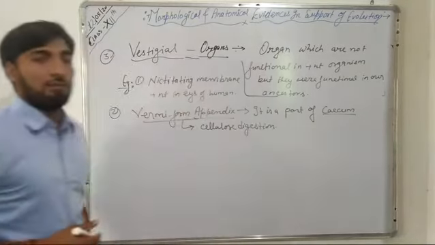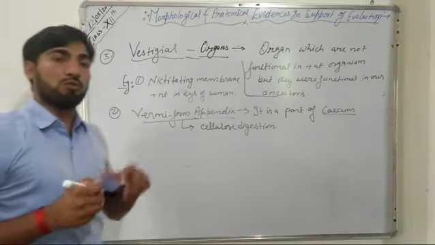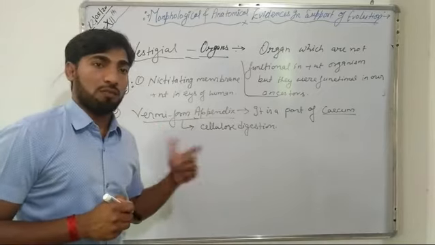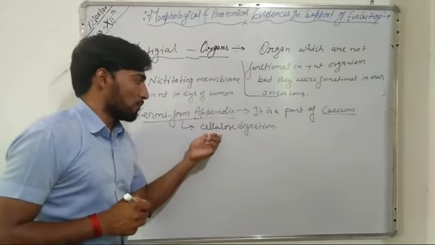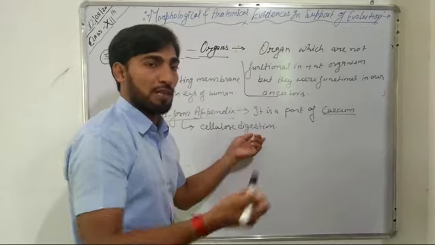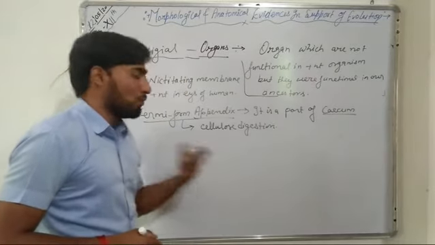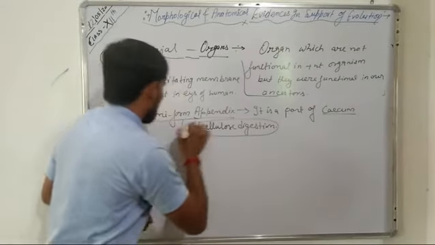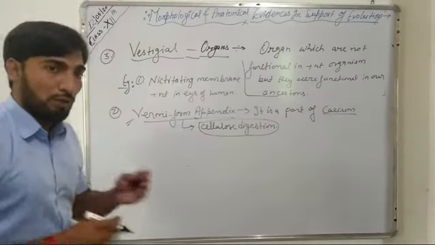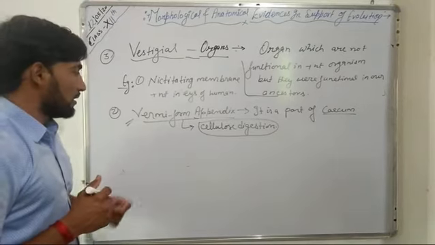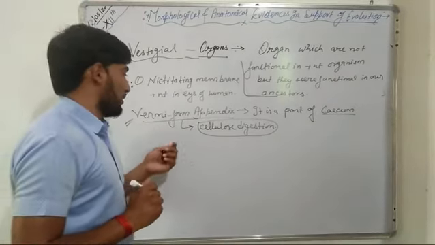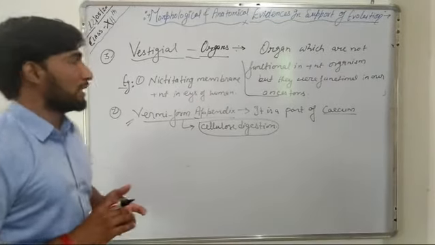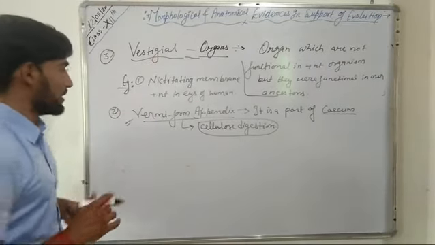Earlier, when our ancestors used to eat plants, the vermiform appendix was functional and responsible for digesting cellulose present in their food. But now we are not consuming such food, so it got reduced in size, but it is still present in our body. It is non-functional at present, and that's why it is also a vestigial organ.